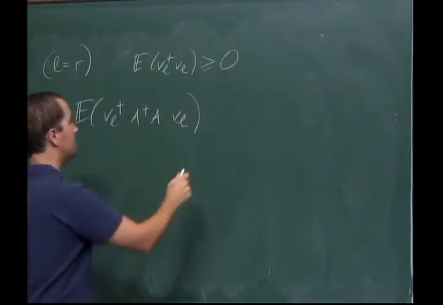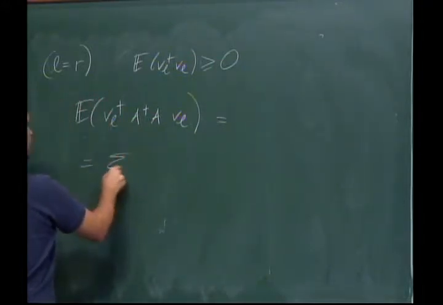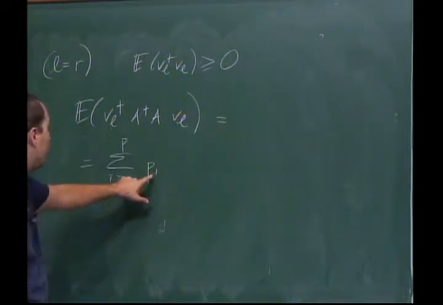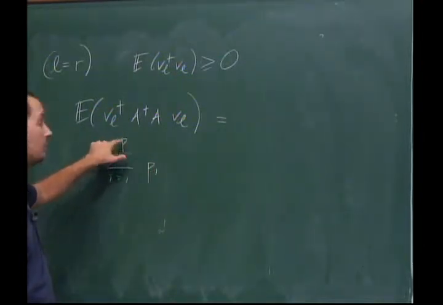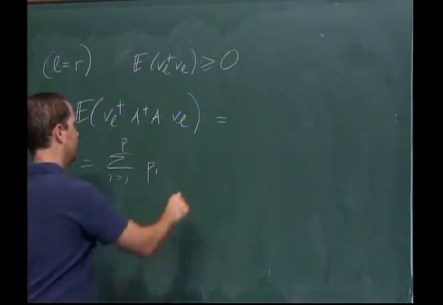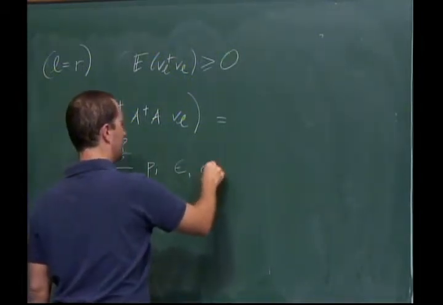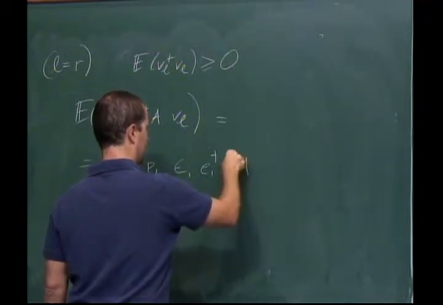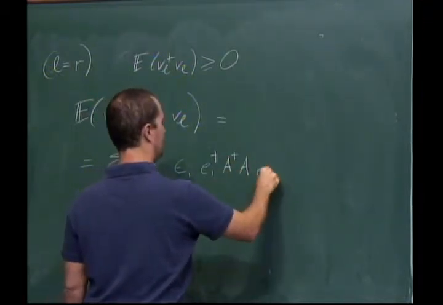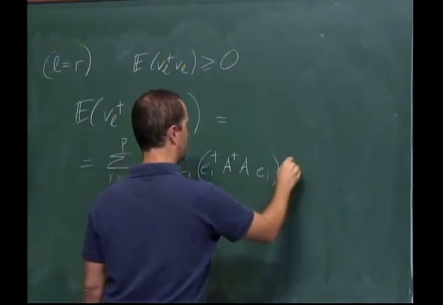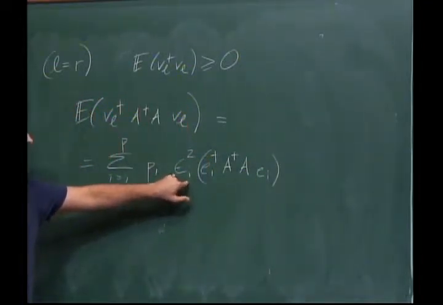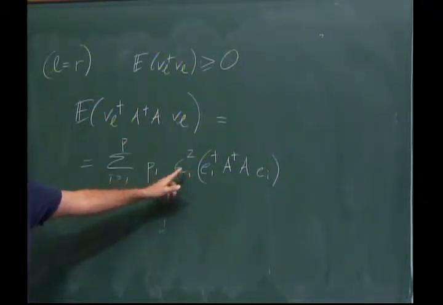So this I can write down explicitly, right? It's just a sum over probabilities, the PI. With probability PI, this vector here equals EI times a sign. So you get epsilon I EI transpose A transpose A EI times the same sign. But the sign is just plus or minus 1, so this is going to disappear.